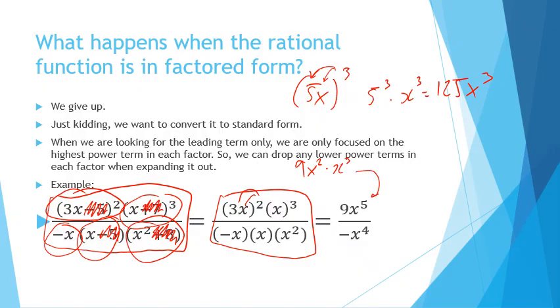This simplifies to 9x to the fifth, and this becomes negative x times x squared, which is negative x to the fourth. That negative still stays out in front, and so this would be an example of a top-heavy function.